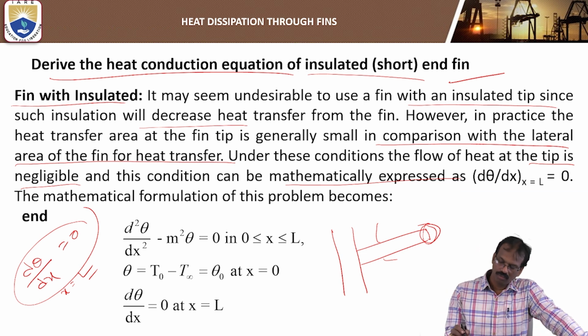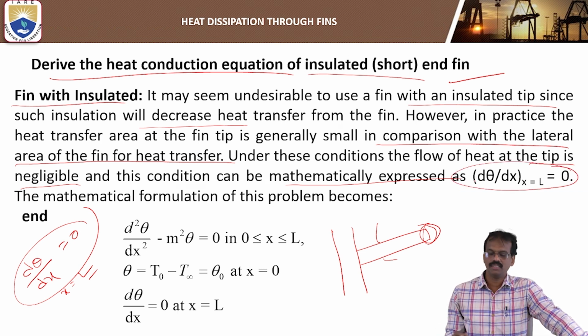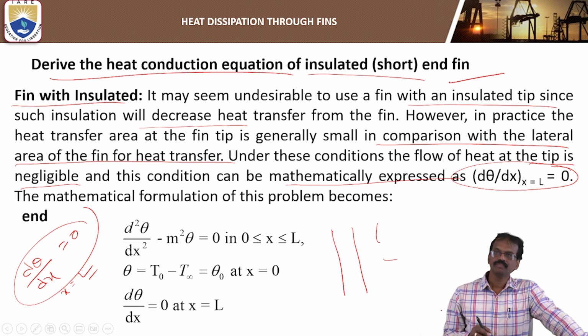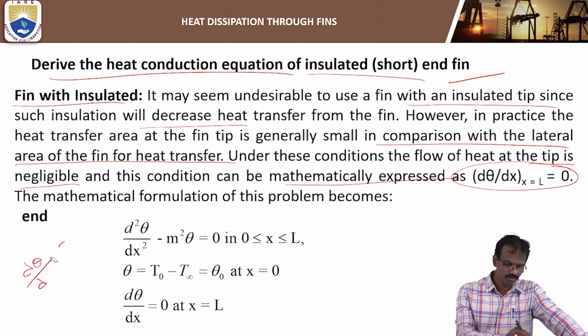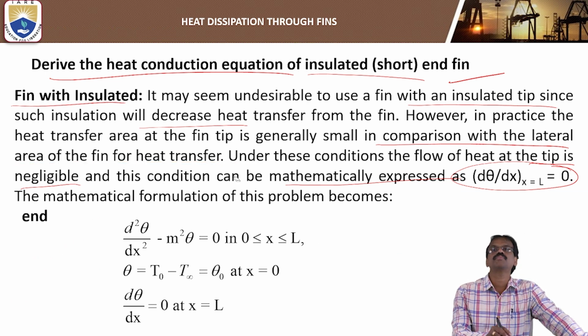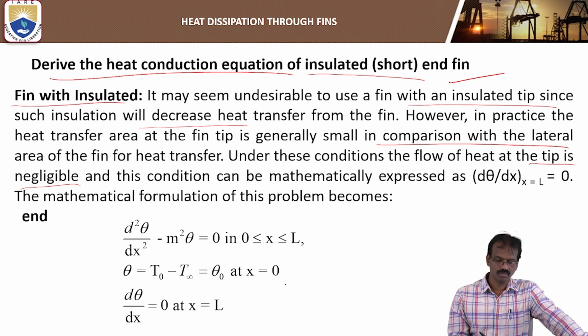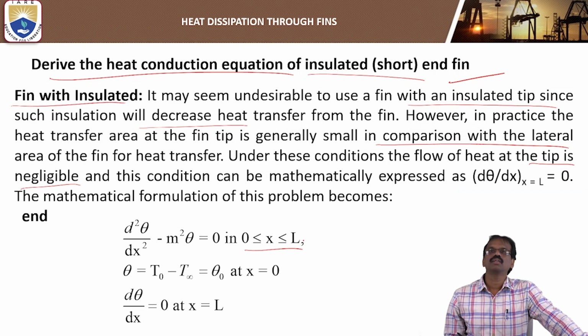So here we will see this condition as a boundary condition. You know the general heat conduction equation, which we already discussed in the previous class: d square theta by dx square minus m square theta is equal to 0. It varies from 0 to L, the particular length of the fin.